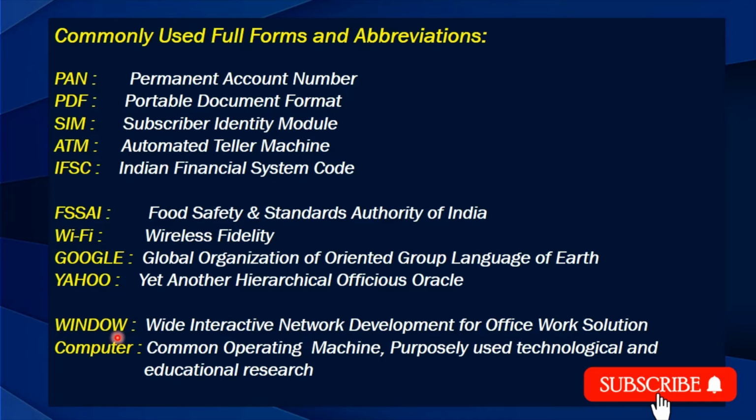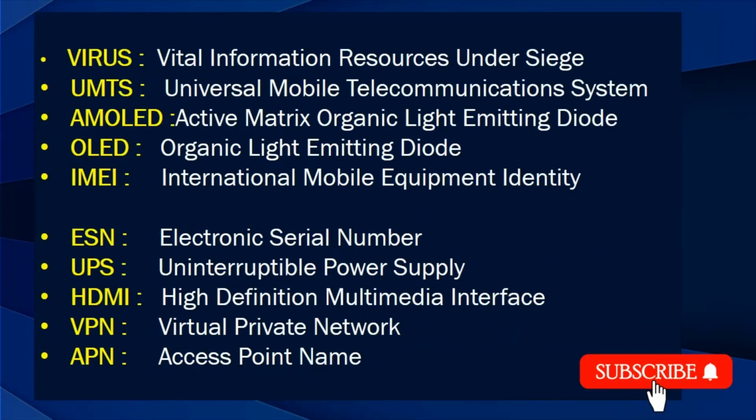Then Windows, this on the computer we are using. So Wide Interactive Network Development for Office Work Solution. Next one, computer, Common Operating Machine Purposely Used for Technological and Educational Research.